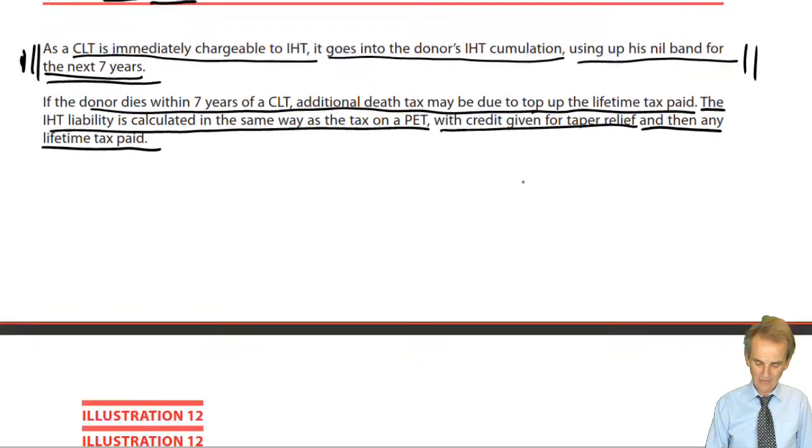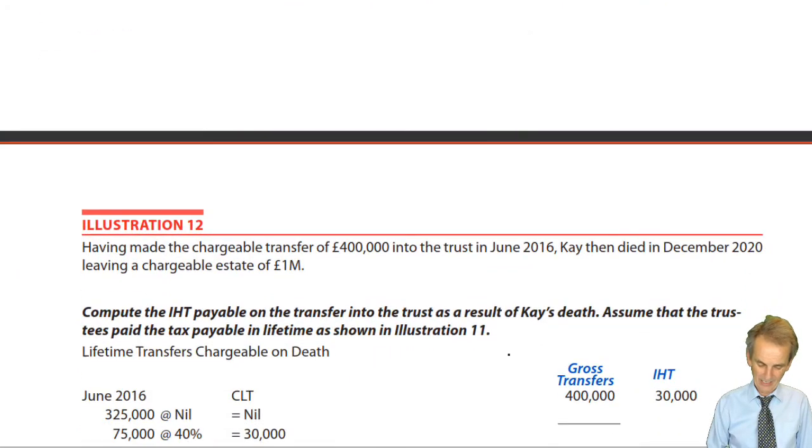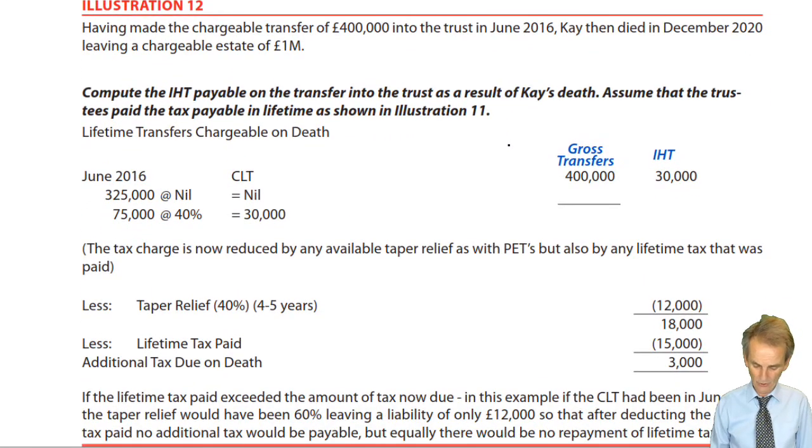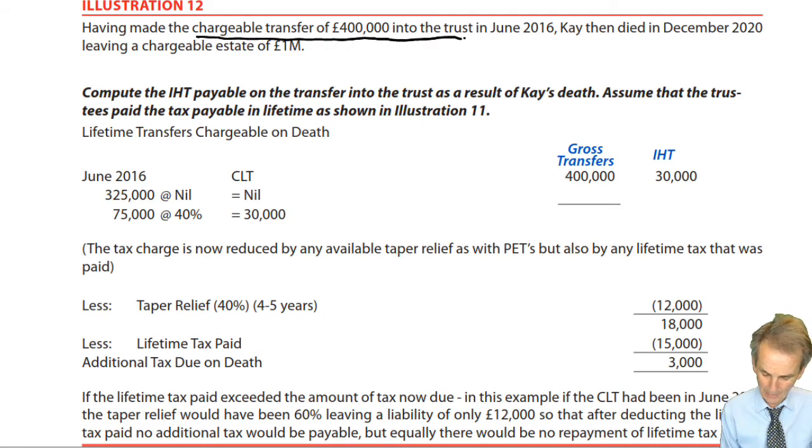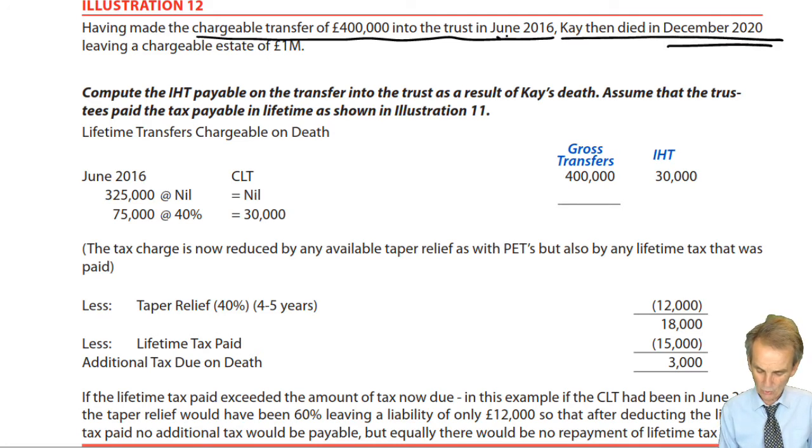What happens then if the taxpayer dies? And that takes us to the last of the illustrations that we'll include within this particular lecture, illustration 12. Having made the chargeable transfer of £400,000 into the trust in June 16, Kay then died in December 20. June 16, December 20.